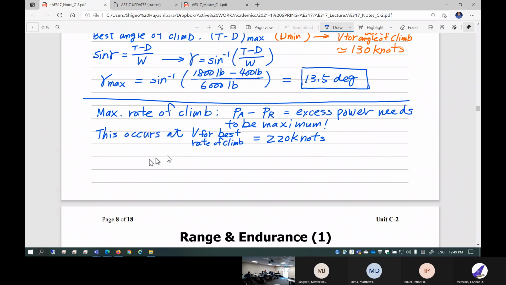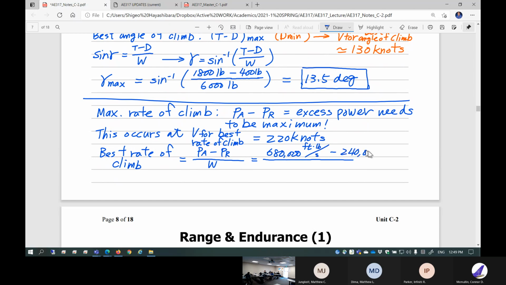So let's just plug in those things. Best rate of climb is equal to excess power, PA minus PR, over weight W. If you compute this, 680,000 foot-pound per second, subtract 240,000 foot-pound per second, divided by the weight of the airplane, 6,000 pounds.